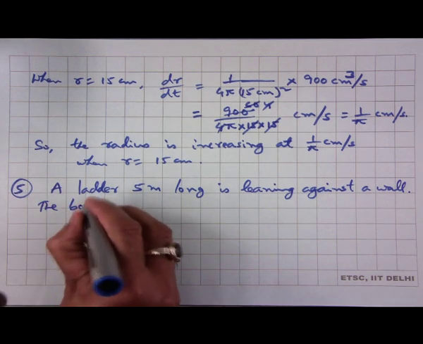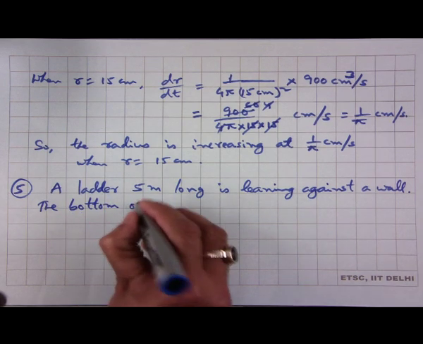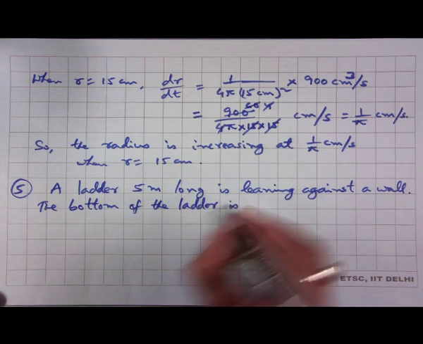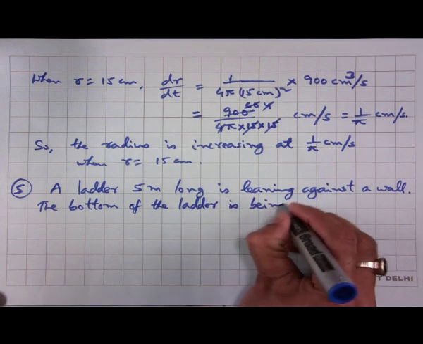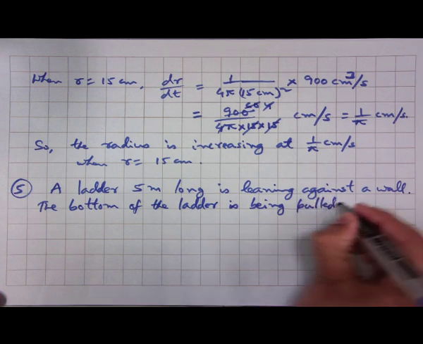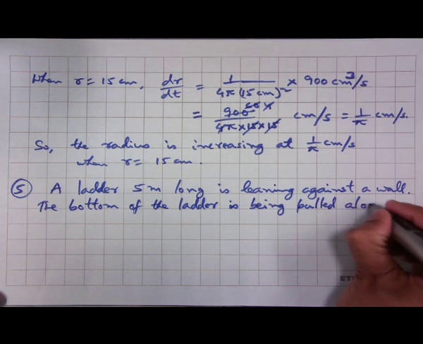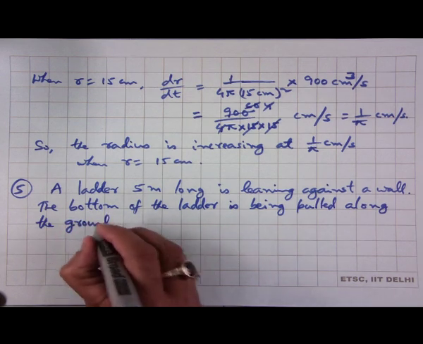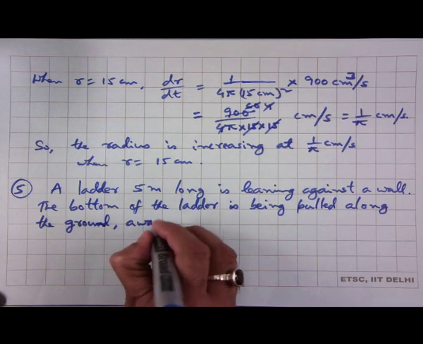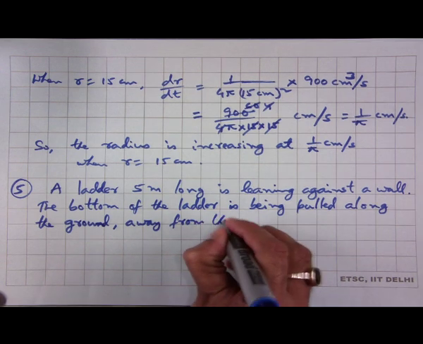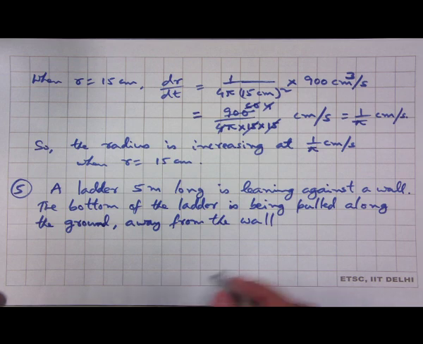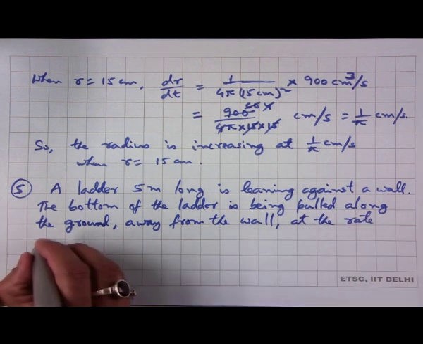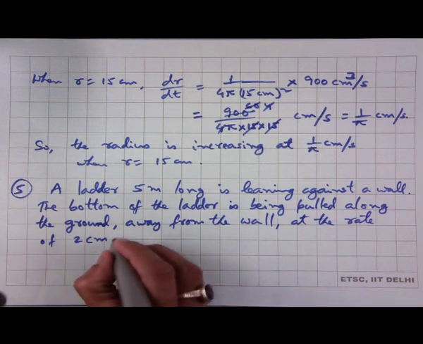Now, the bottom of the ladder is being pulled along the ground away from the wall at the rate of 2 centimeters per second.